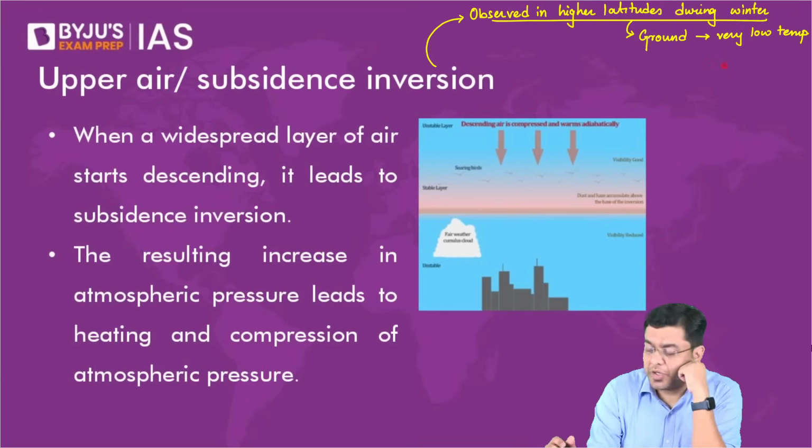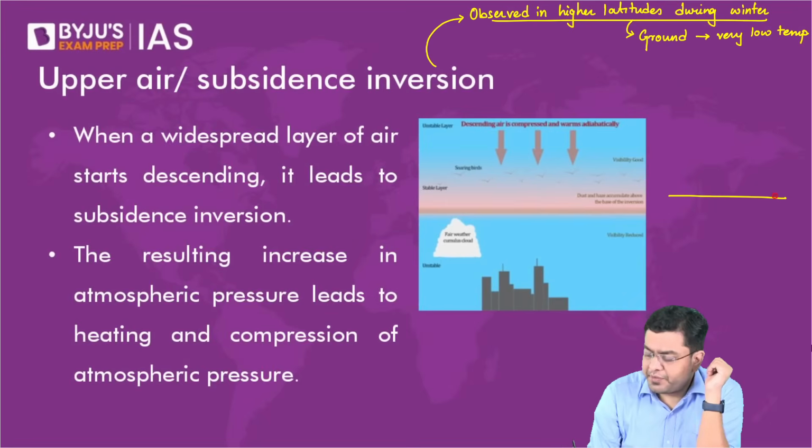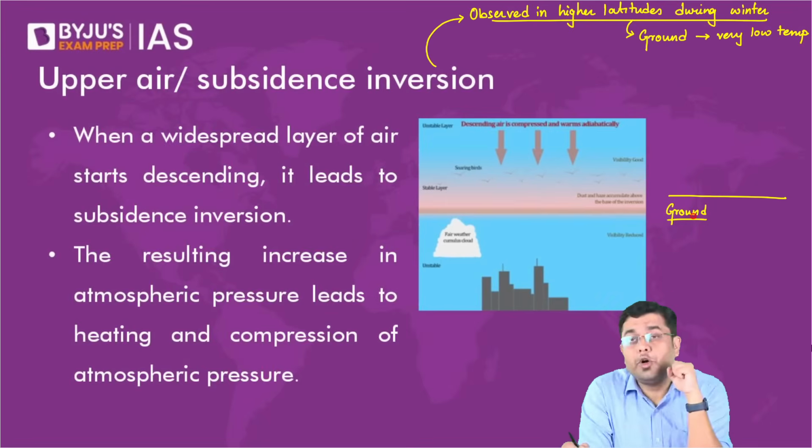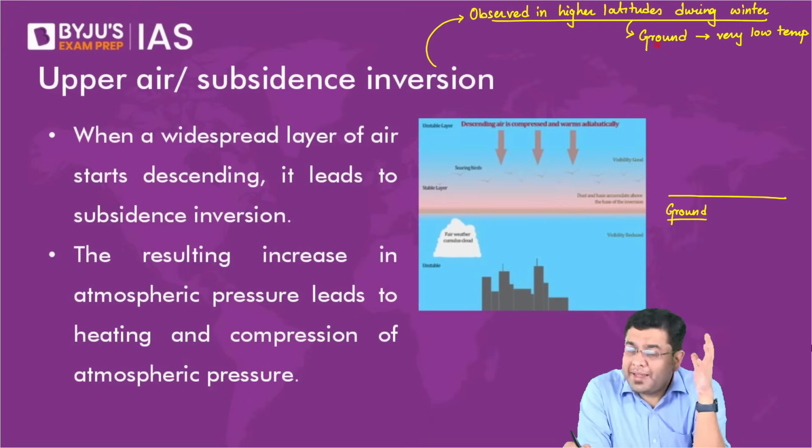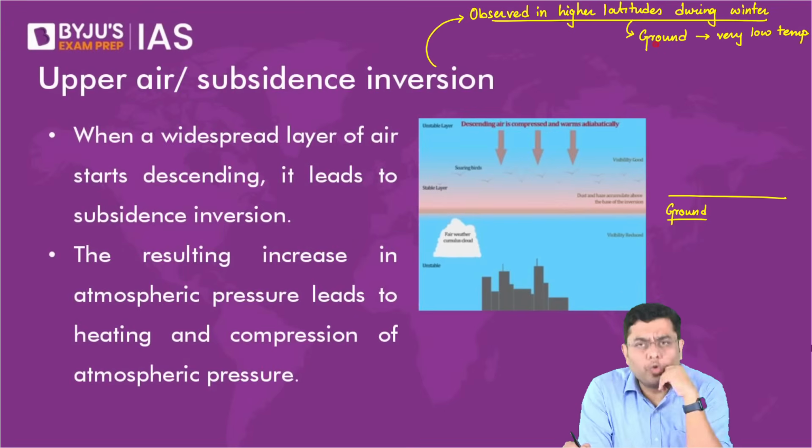Now, why does this inversion happen? Let's suppose this is the ground surface. Sometimes from the upper region of troposphere, when the air becomes very cold, it will start to sink. Air, when it becomes very cold, it becomes heavier, and then it will start to sink, right?